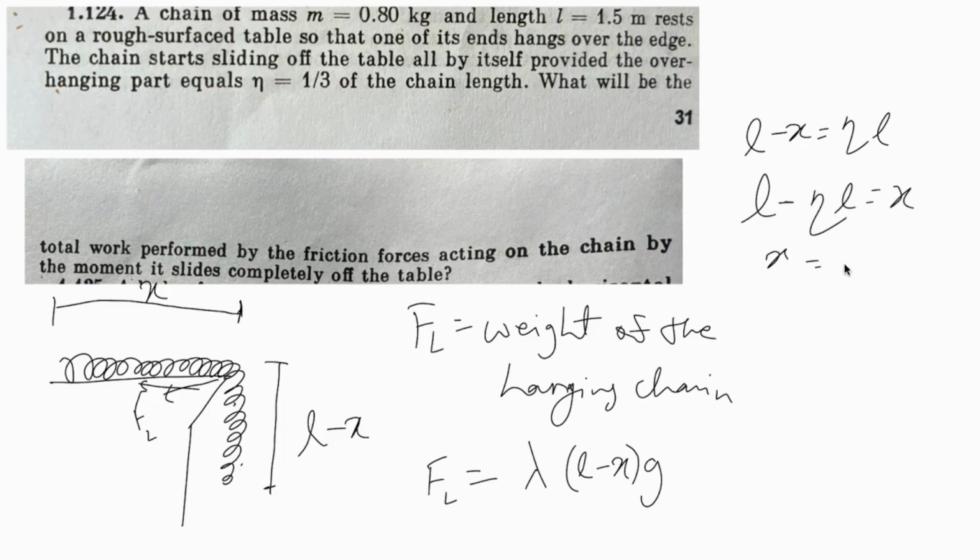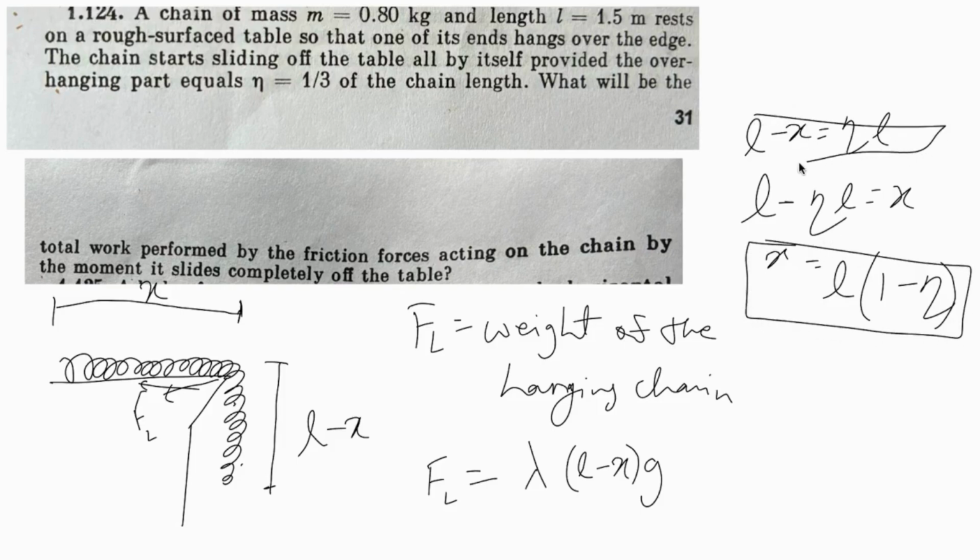So x equals L into 1 minus eta. So I have two relations now. I use the first relation, L minus x equals eta L, and I put it here. So I get FL equals lambda eta L g, right?